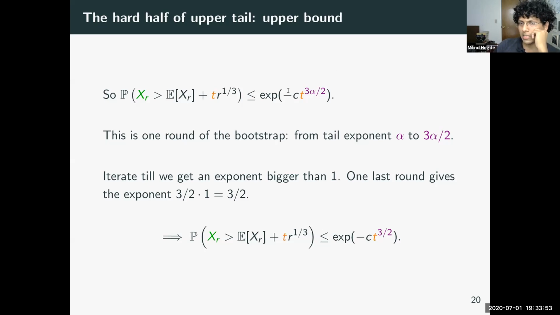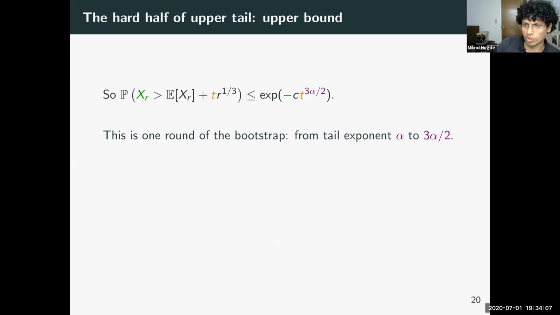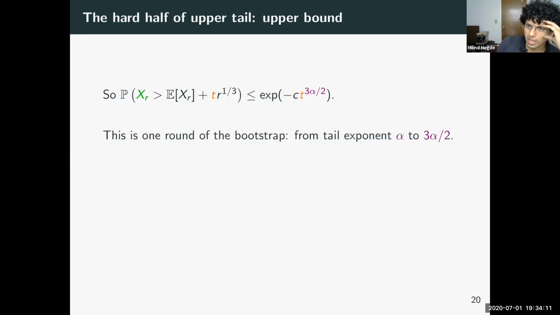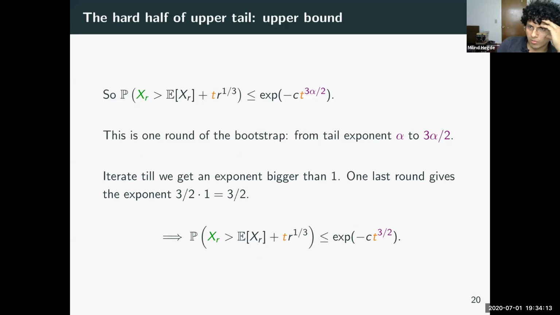So it's e to the minus c t to the 1 plus delta. Well, that will also imply e to the minus c t, because that's a smaller quantity. And the reason I want to have it with 1 is because, remember, the previous thing was only for alpha less than or equal to 1. So we do it until we get bigger than 1. That implies we have it also with 1. And then we can apply it one last time to get 3 over 2. And that gives you t to the power 3 over 2.